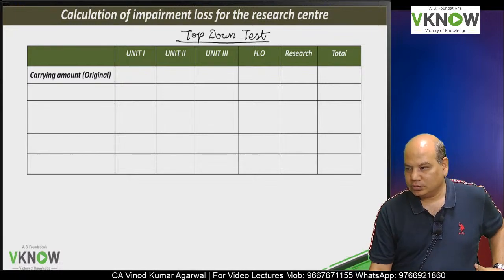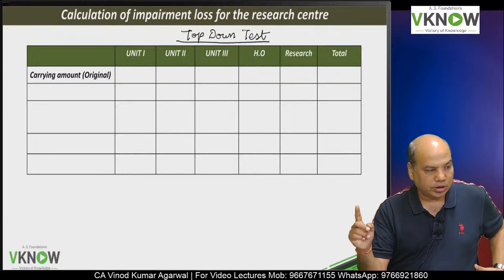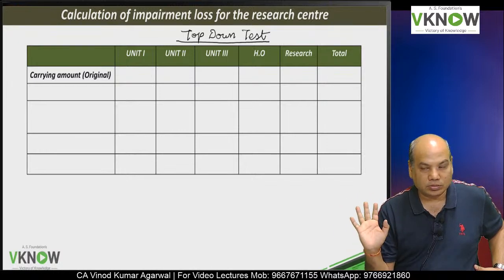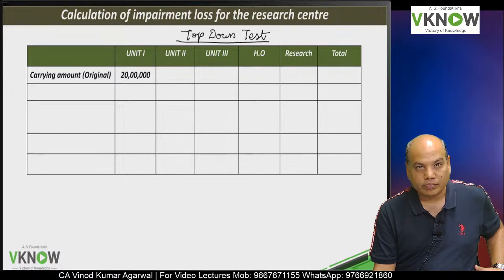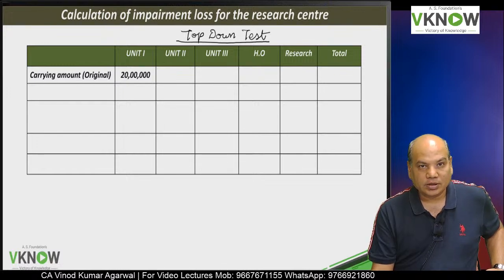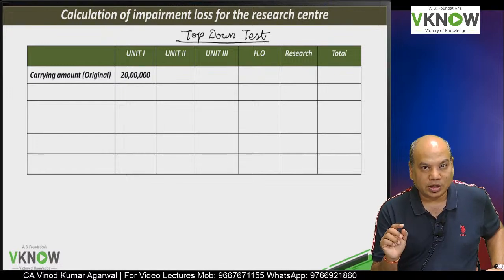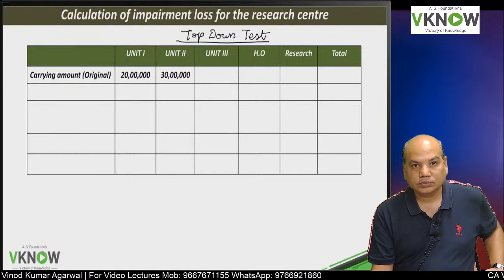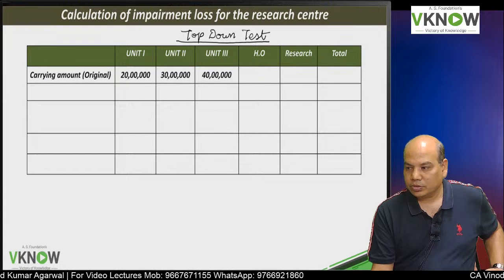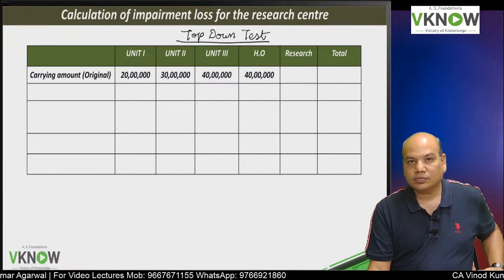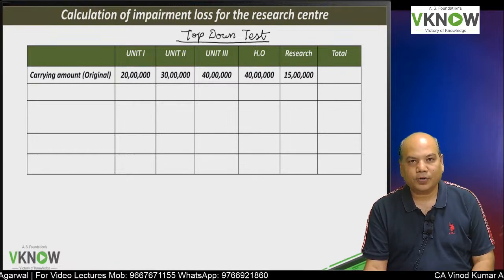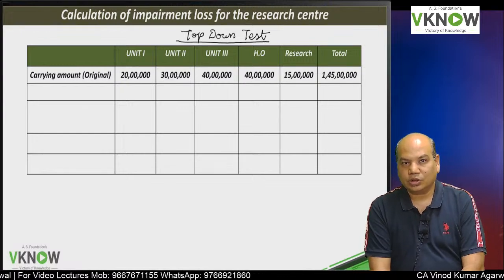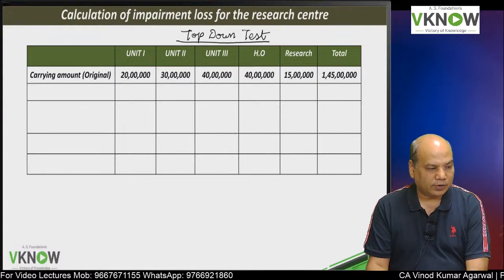So please write unit 1, 2, 3, HO, research, total, as printed in the book. Start with the carrying amount, the original carrying amount given in the problem: 20 lakh, 30 lakh, 40 lakh, 40 lakh, 15 lakh. Take the total, 1 crore 45 lakh.